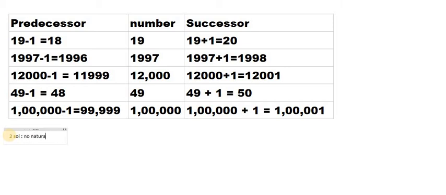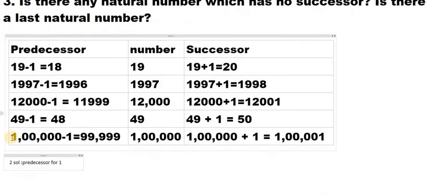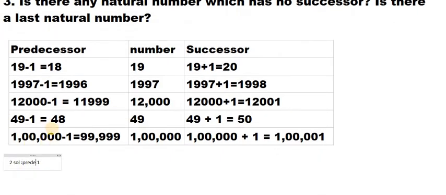No natural number is the predecessor of 1. What is the question? Is there any natural number that has no predecessor? Yes, for 1 there is no predecessor.